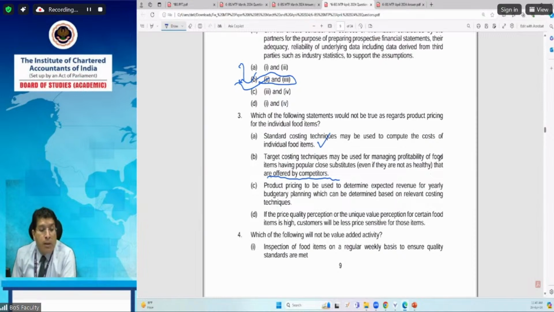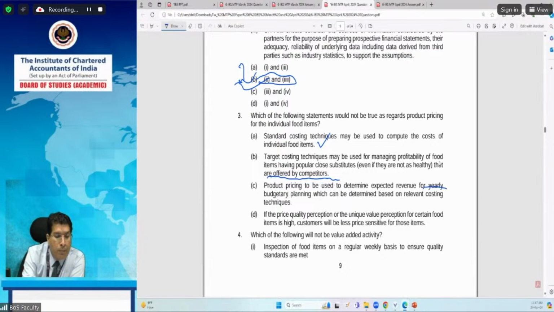Next is product pricing. Product pricing to be used to determine expected revenue for yearly budgetary planning, which can be determined based on relevant costing techniques. Can I determine my price through relevant costing techniques? Surely, yes. I can also determine my price by using short-term decision making of relevant costing. But here it is also written that product pricing is to be used to determine expected revenue for yearly budgetary planning.